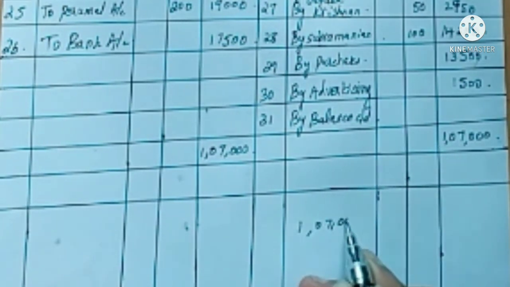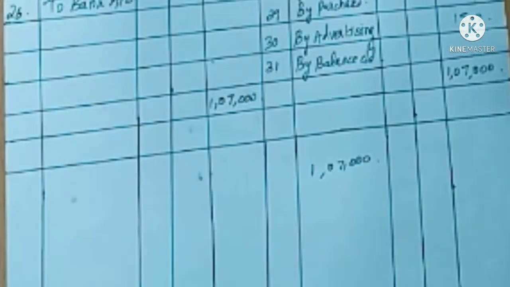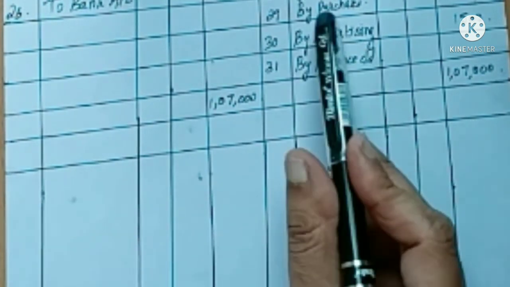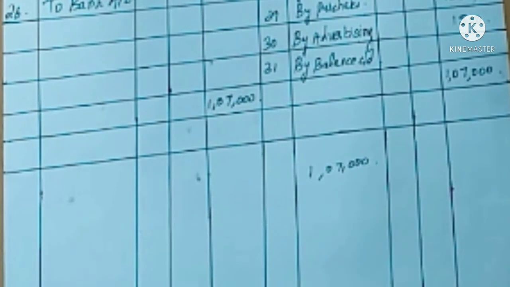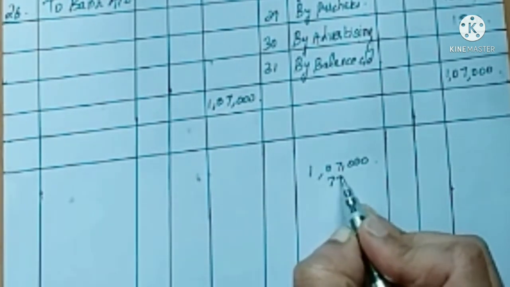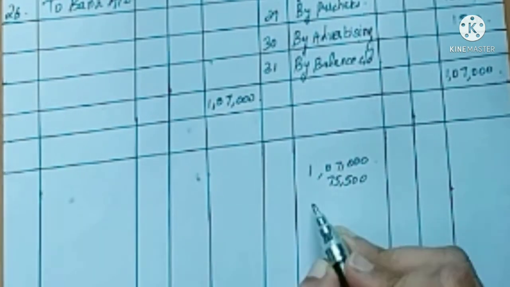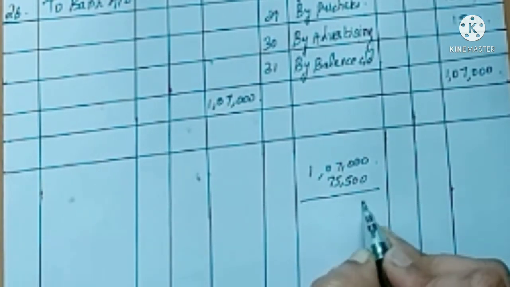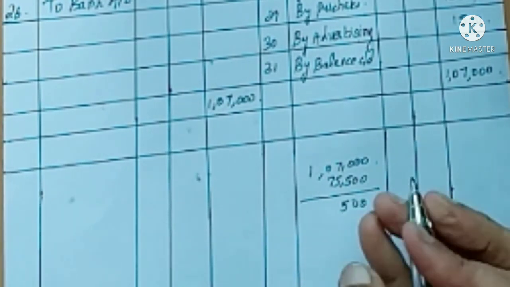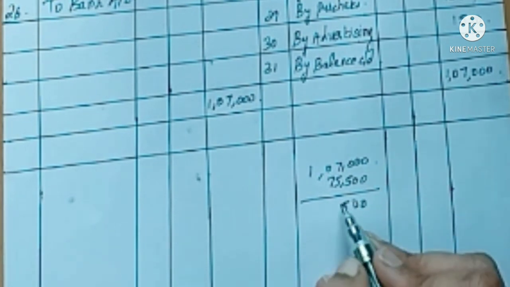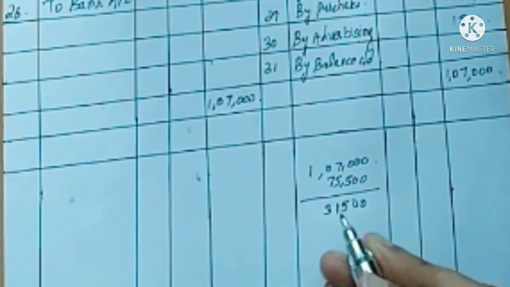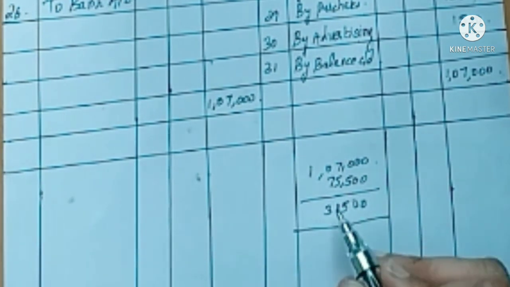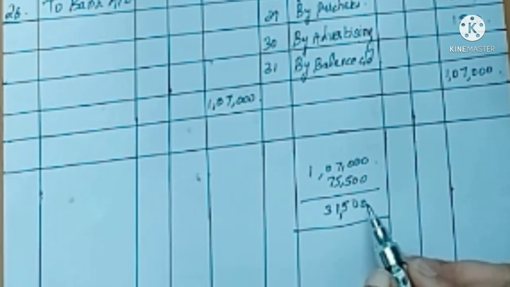1,07,000 minus the credit side total, that is 75,500. What is the balancing figure now? 31,500 is the balancing figure.